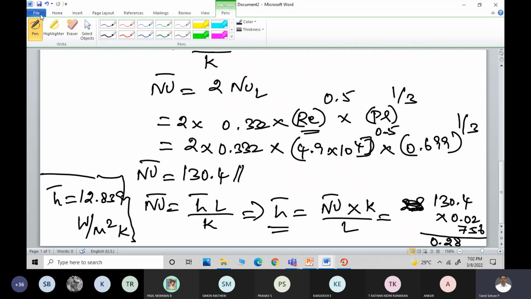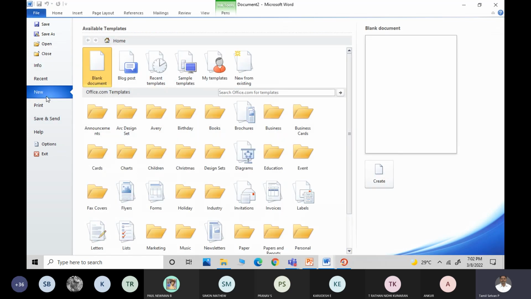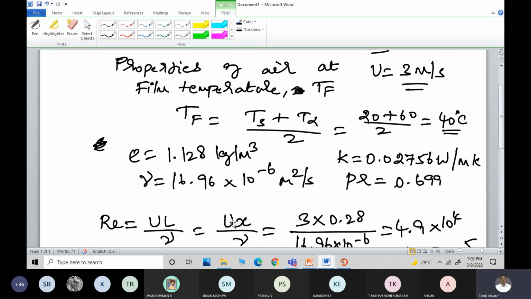Okay, ma. Now find out the heat transferred from one side of the plate. What is the width? Width is 1 meter, as mentioned in the question.